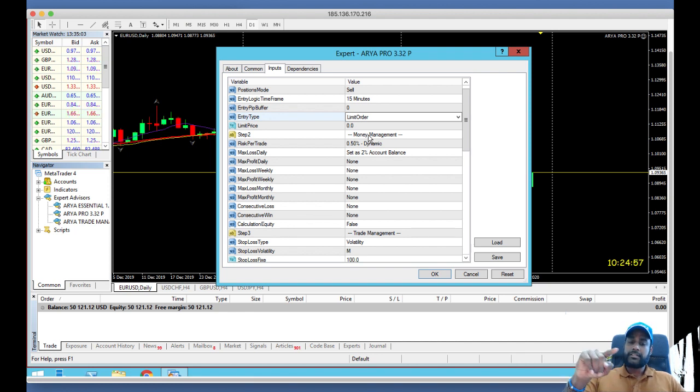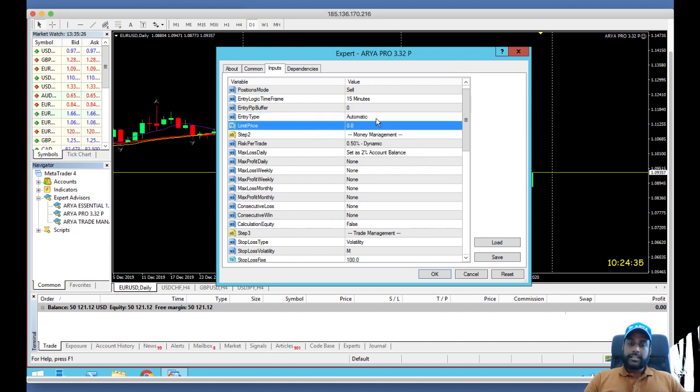Because if the market is going a little bit higher, I want to sell at a higher price because I'm a seller. I'm looking to sell at the highest price I can. So I don't want a precise price. I want to execute my trade on a zone, and I want it to be semi-automated, because I will not be in front of my screen. So I select automatic.